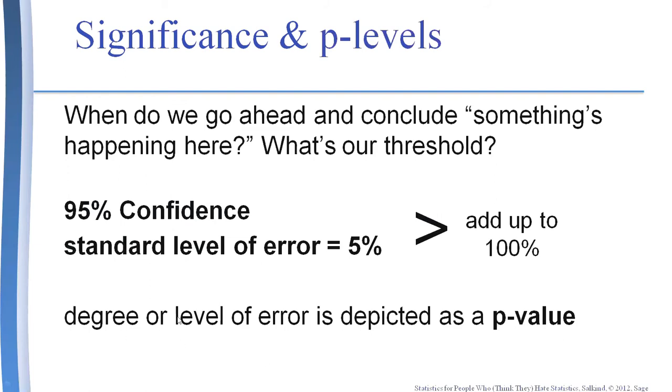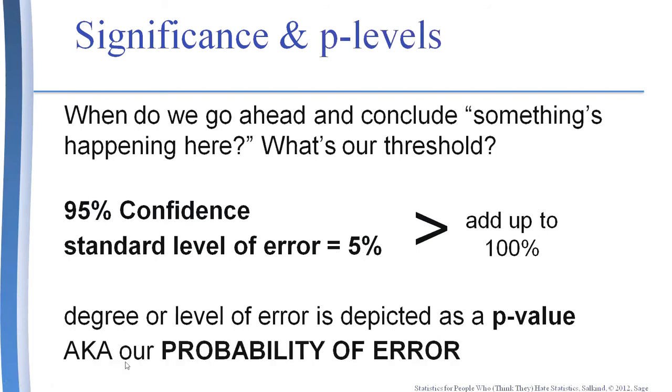The level of error is depicted as a p-value, otherwise known as probability of error. That's why it's called p, probability of error, okay? So if we want a level of error that's less than 5%, then we need to look for a p-value that is less than the decimal form of 5%.